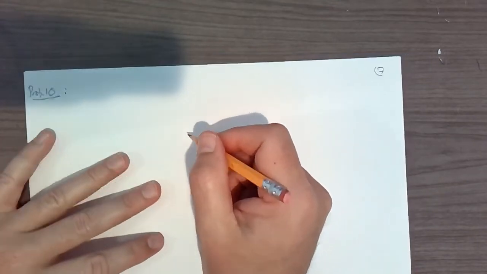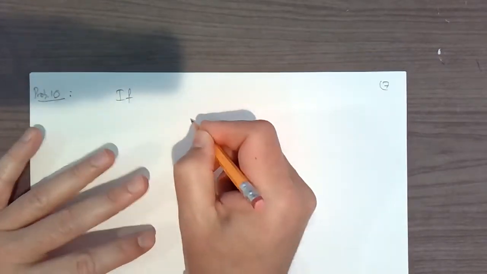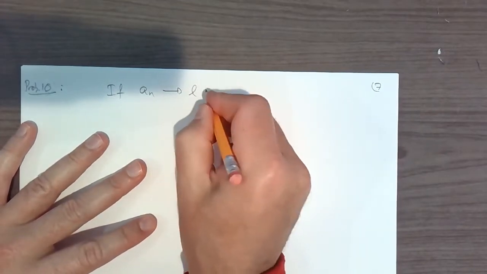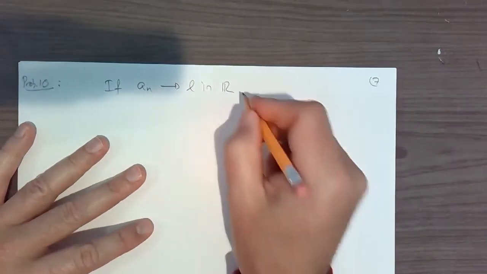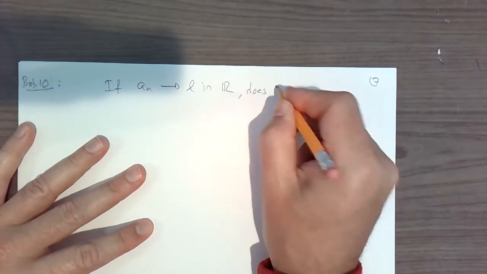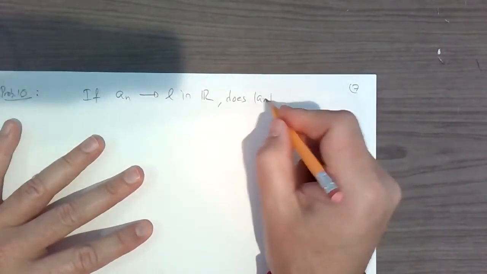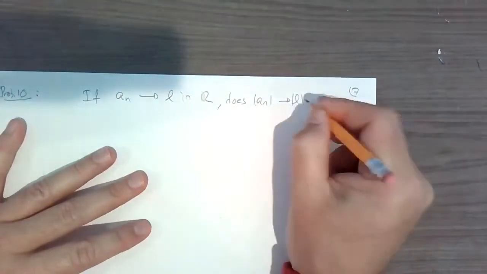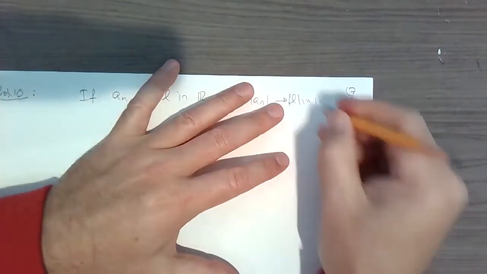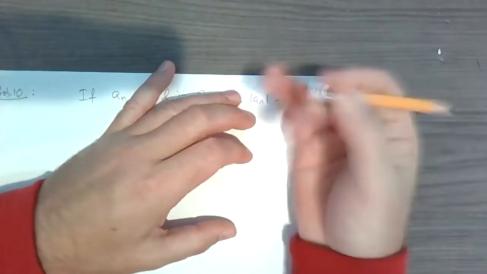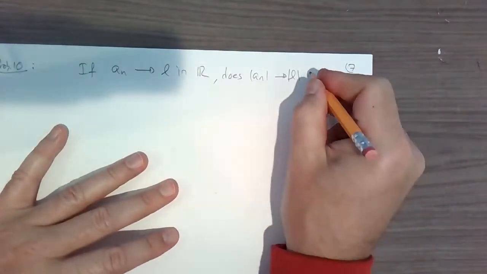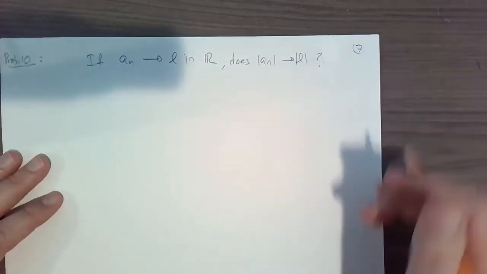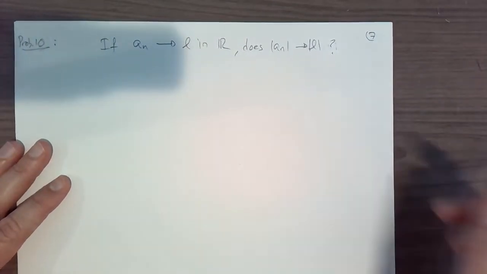So is it true? If a_n converges to L in R, does the absolute value converge? What do you guys say?